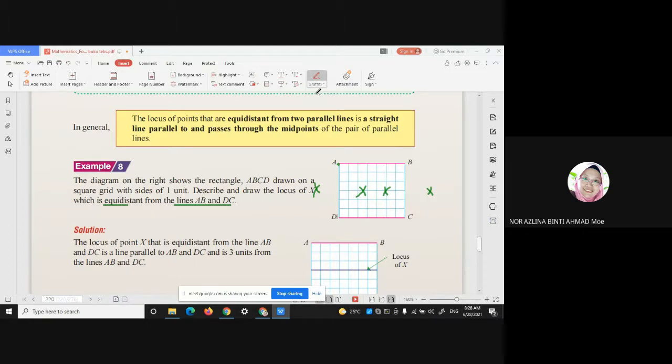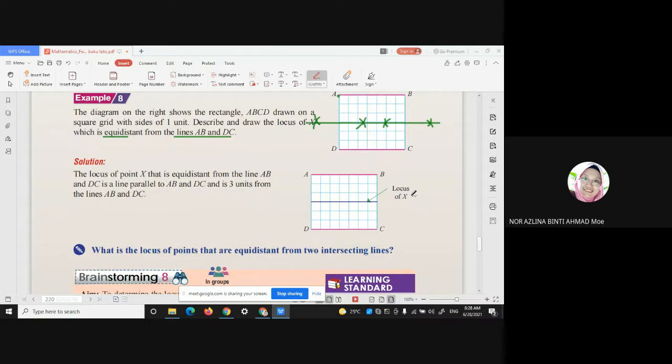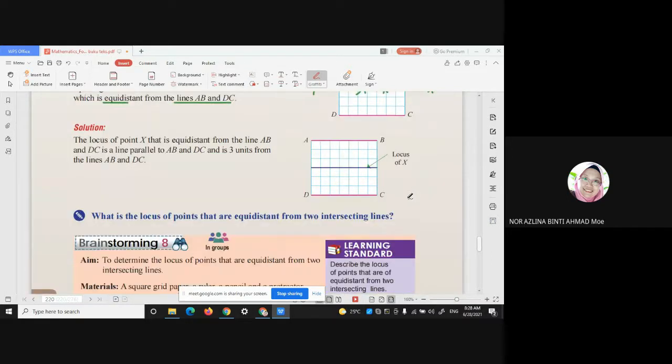Using ruler and pencil, we draw the straight line. We write the name: locus of X.